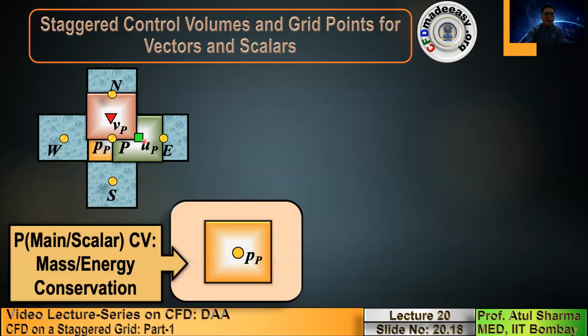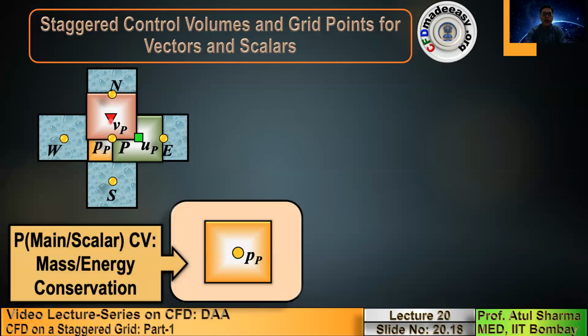The way we have defined the pixels for u and v velocities, note that here I have a subscript p, but this green square and red inverted triangle I had already shown you as pixels for qx, qy, hx, hy. The green square I had presented in my previous topic as the pixel for qx, and later, when we went to convection, I said that this is also the pixel or grid point for hx.